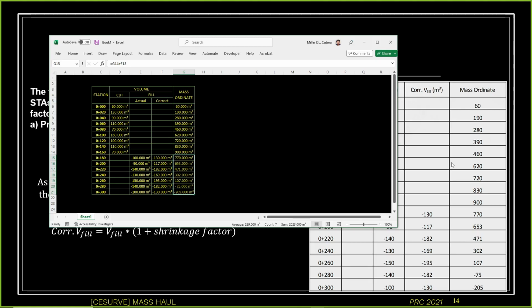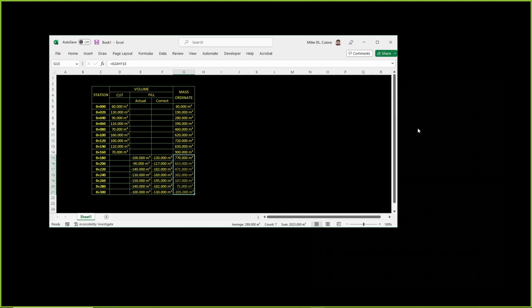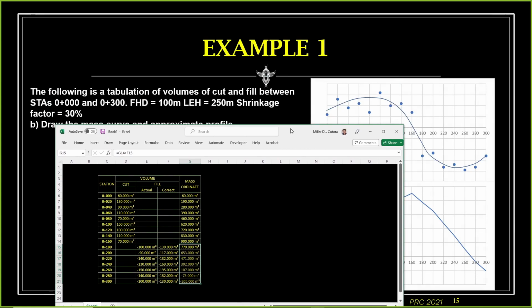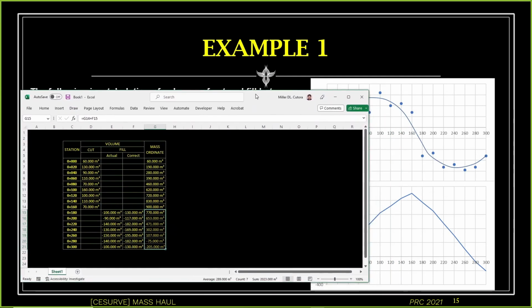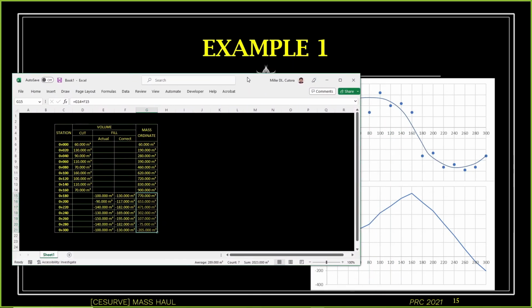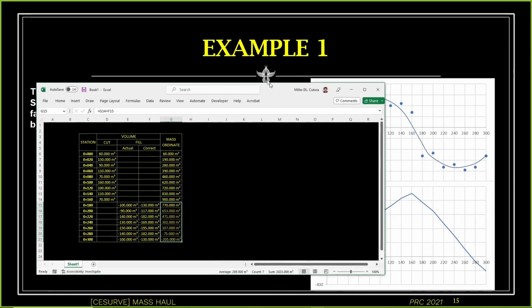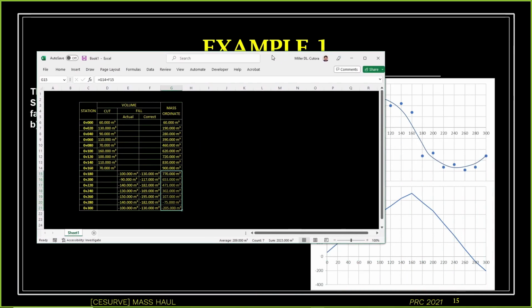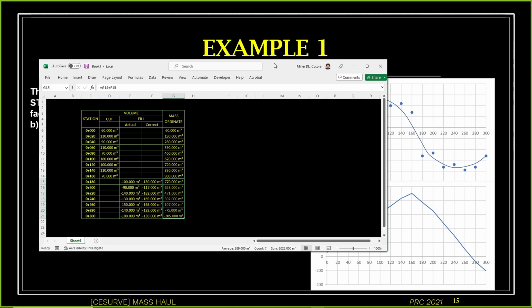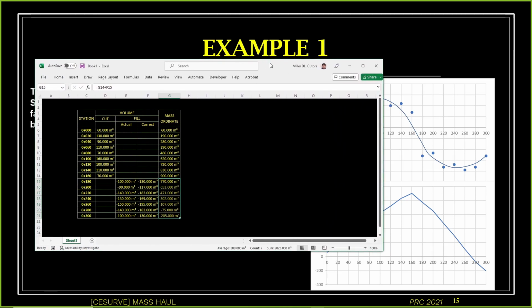Next is we will plot our data. So, negative 200, and negative 130.